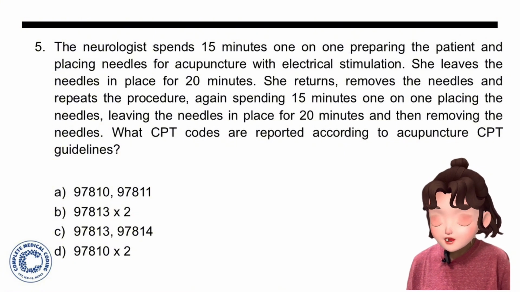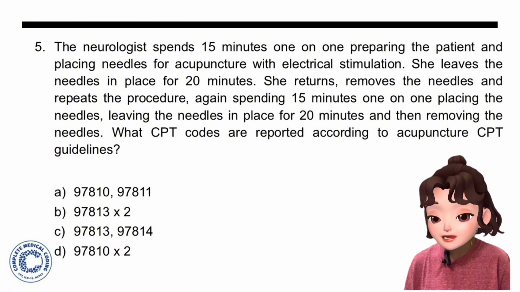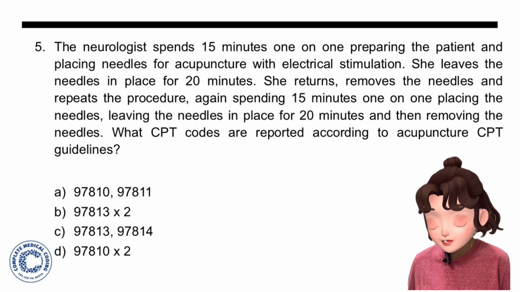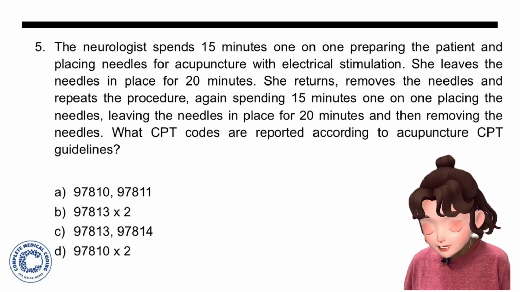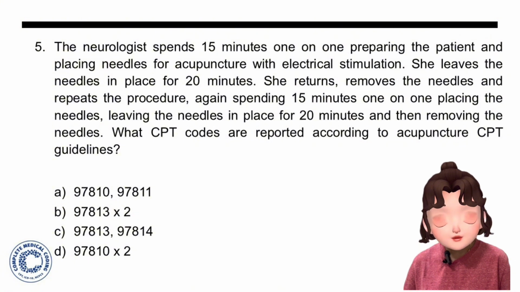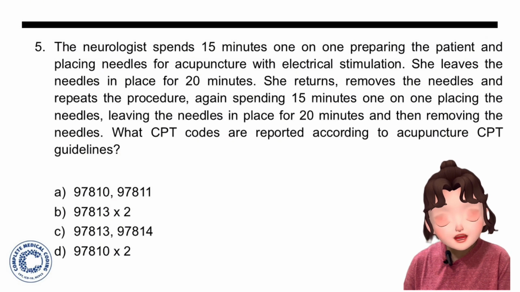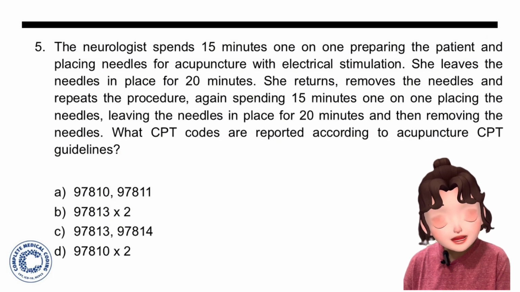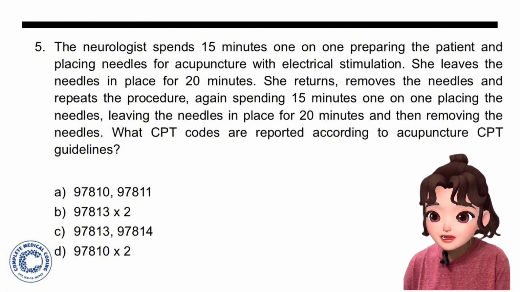Let's go to the codes directly. What is the first one? First code 97810. 97810 is acupuncture, one or more needles, without electrical stimulation, initial 15 minutes of personal one-to-one contact with the patient.